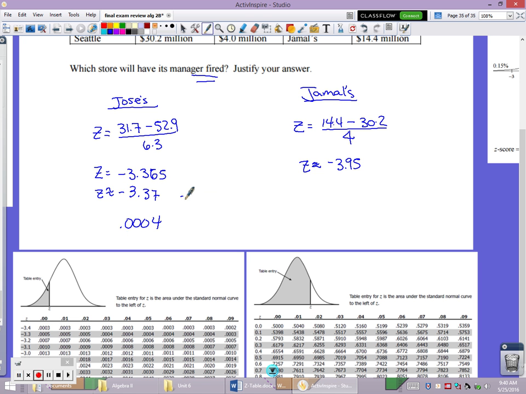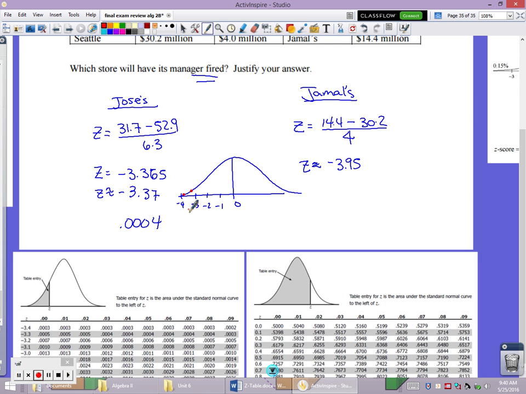If we looked at a number line, I'm trying to think how to explain this. This is 0, -1, -2, -3, -4. Here at Jamal's store, we're closer to -4, and here we're closer to -3.